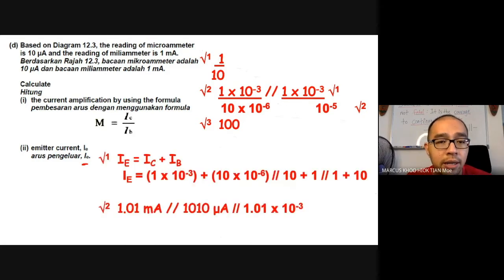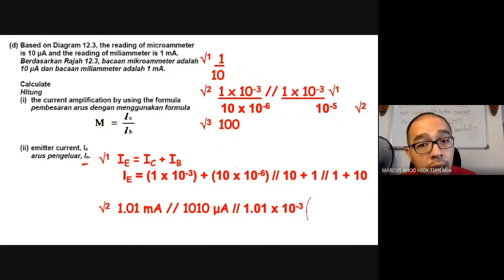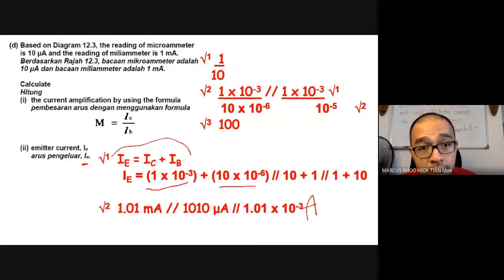It's a good idea, everyone, to change it into amperes, and it's totally fine if you do. So tukar pergi ampere. This is a very simple calculation. IE equals IC over IB. Sudah dibagi IC, IB. But jangan juga kamu letak 11 sahaja, because one is in milliampere and the other one is in microampere.